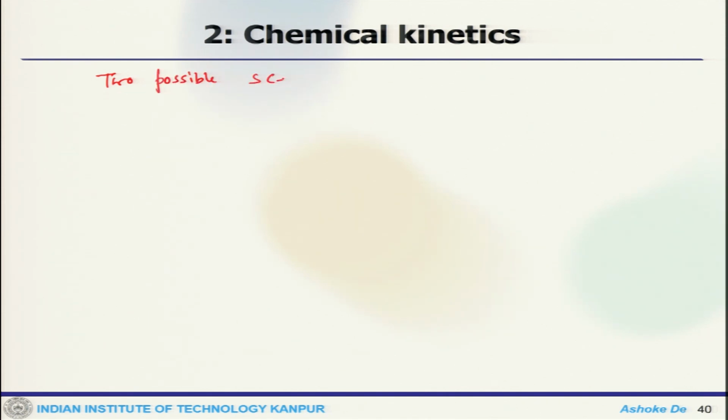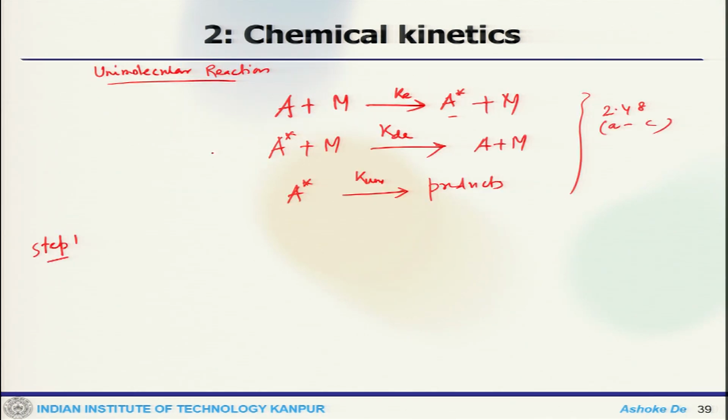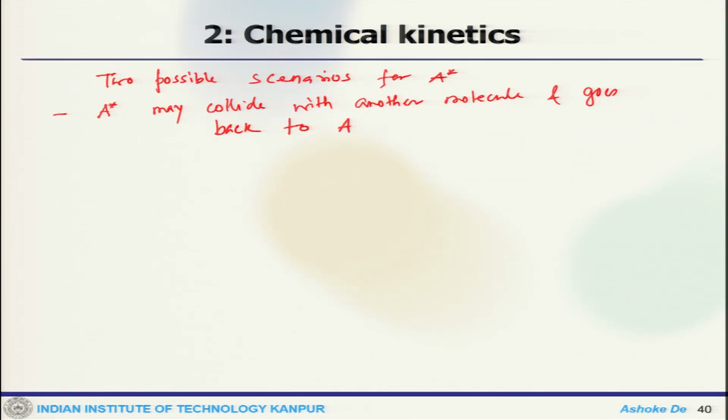Number 1, A star may collide with another molecule and goes back to A, which is actually happening at this step here, where A star is colliding with another molecule and goes back to A.